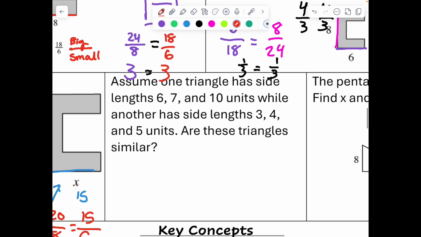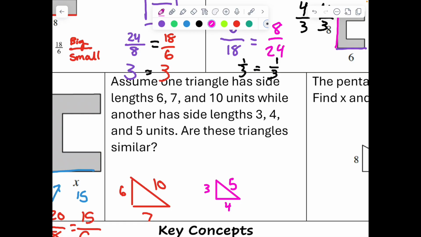All right, assume one triangle has sides length 6, 7, and 10 units. Okay, so let's make that triangle 6, 7, and 10. While another triangle has side lengths 3, 4, and 5. Okay. Are these triangles similar?